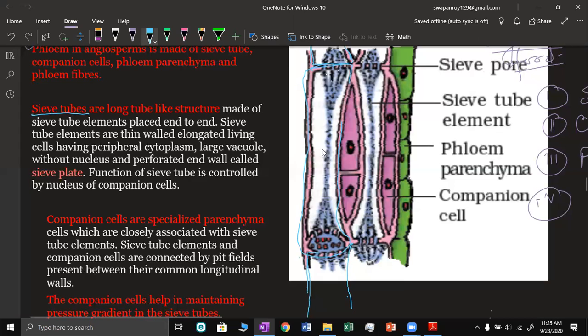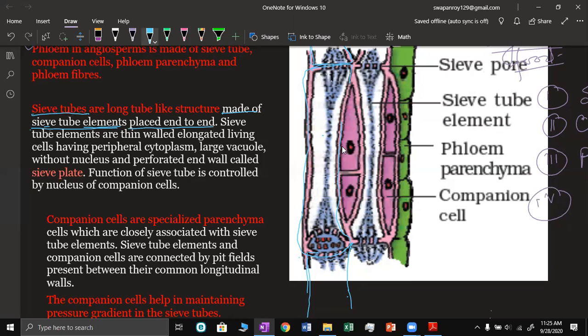The sieve tube is living and thin walled. It is made of sieve tube elements, meaning component cells, placed end to end.